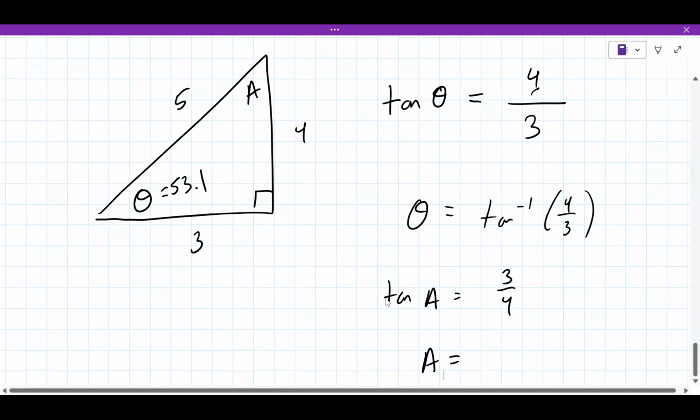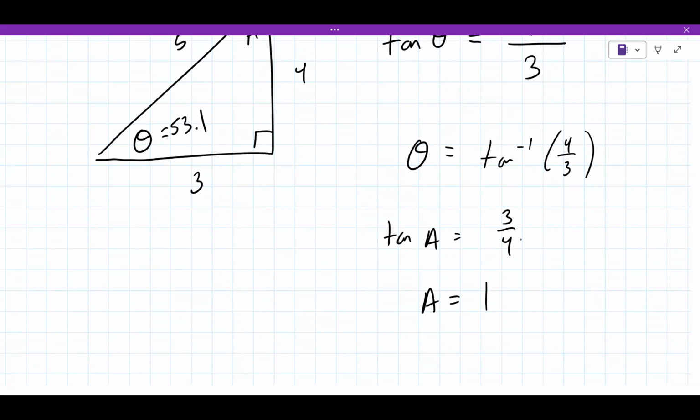How do you undo tangent? What have we written here a couple of times? Inverse tangent. Tangent inverse of 3/4. Good.